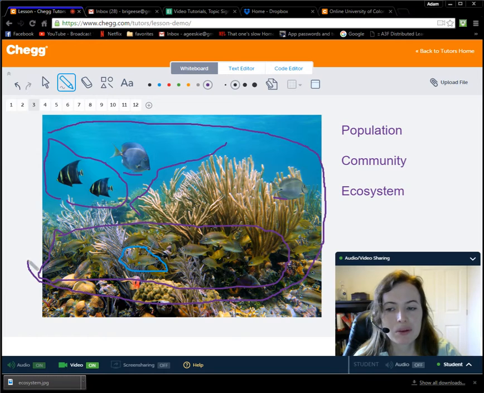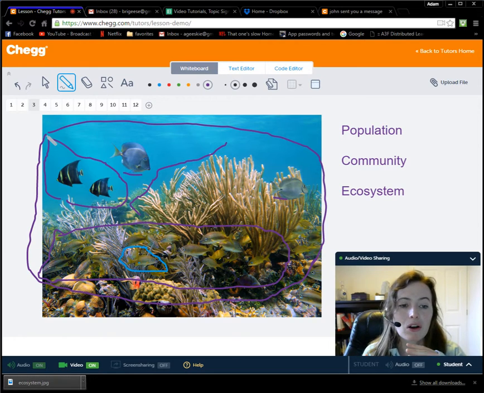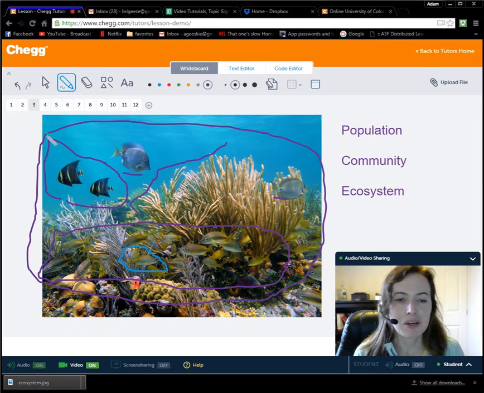So it's the populations of different species at the same location at the same time and how they interact with each other. That's what this allows me to look at, which is pretty darn cool, right? It allows me to see how all of them interact and behaviors that change and all of those things. But I'm just looking at this one coral reef and this community.